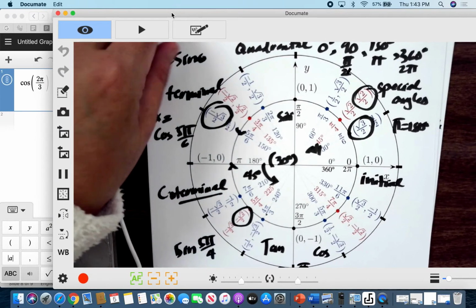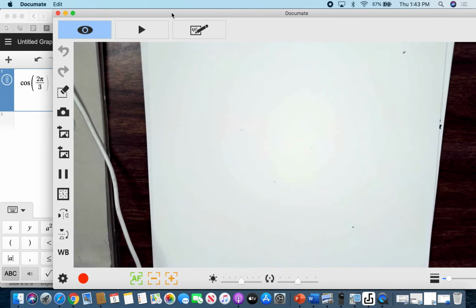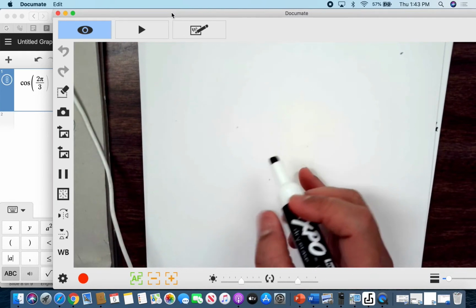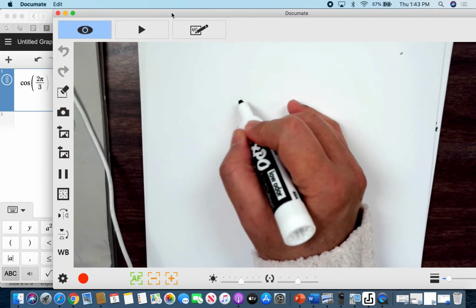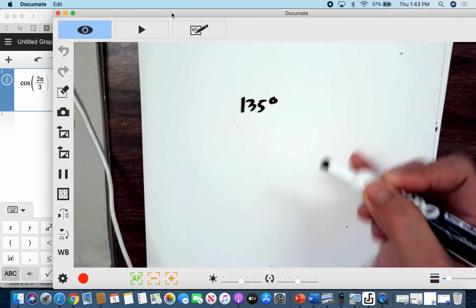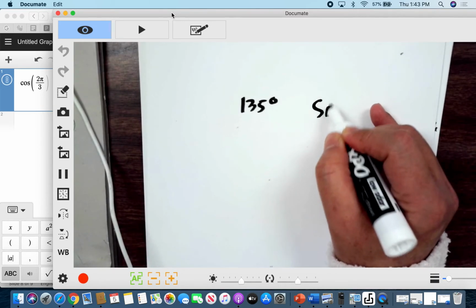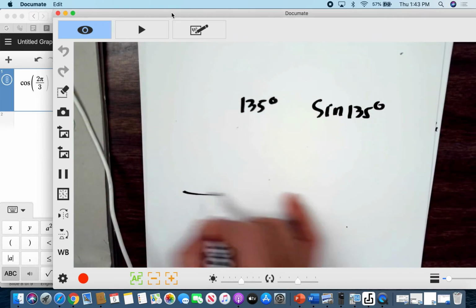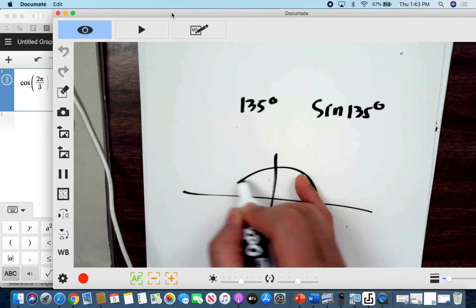I'm going to give you a good example using verification of coterminal angles without referring to that. Let's say I have an angle which measures 135 degrees, and I want to find what is sine 135 degrees. I don't have a calculator, so what I can do here is draw it from here to here.